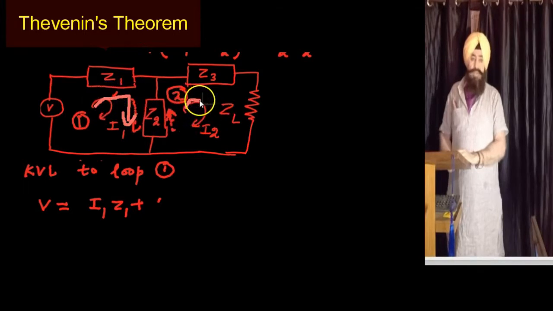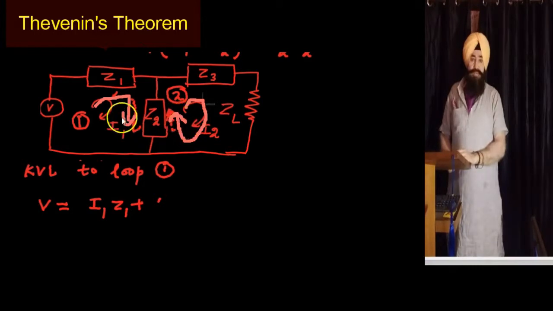But I2 is flowing opposite to the direction in which we are traversing. We are traversing downward, and I2 is flowing upwards.